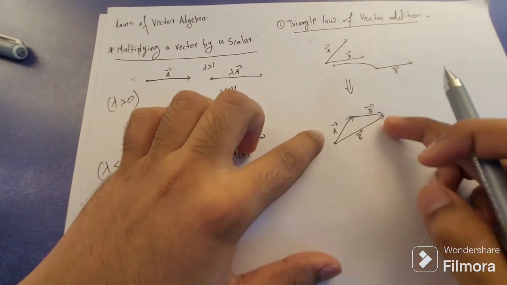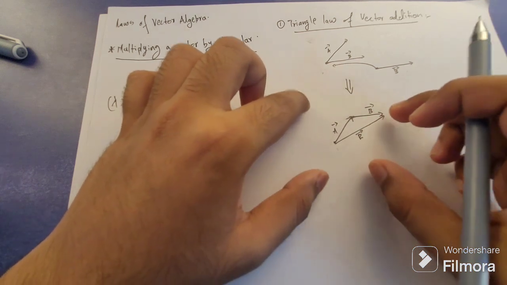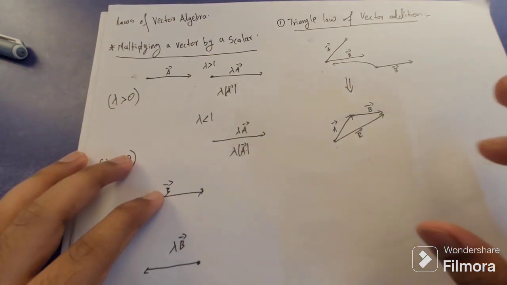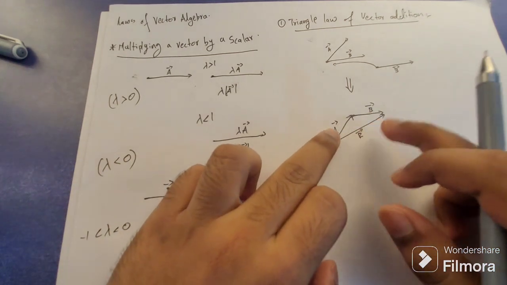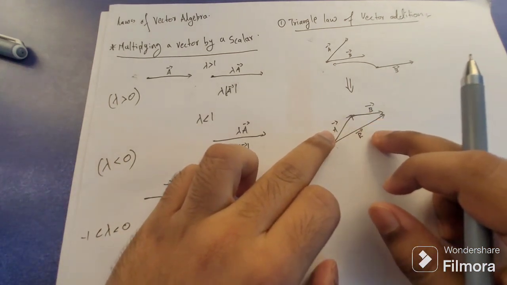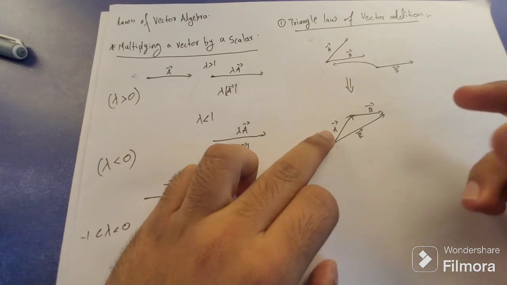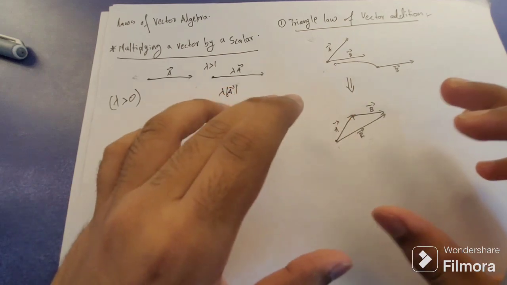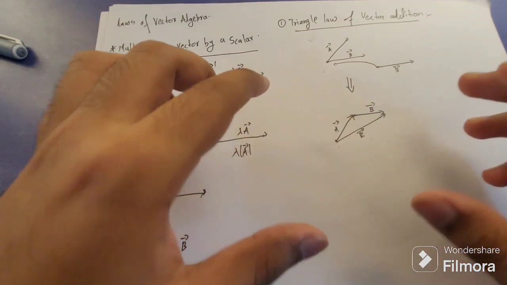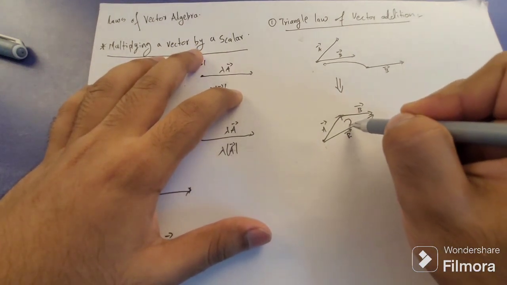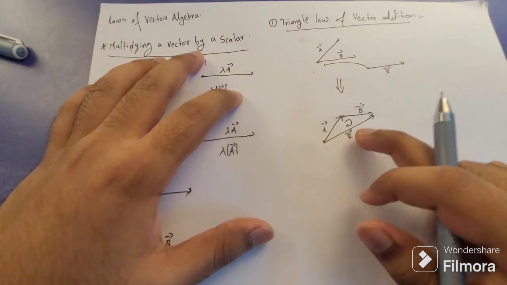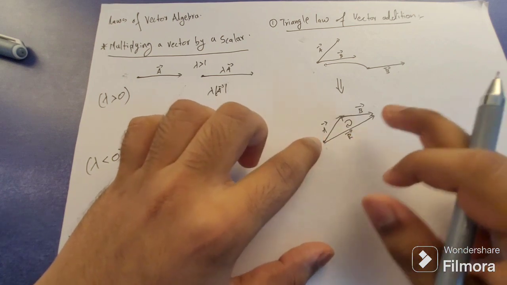Now let us see how we write the mathematical equation of the triangle law of vector addition. Once we have completed the figure, choose any one direction, either clockwise or anti-clockwise. Suppose for the sake of simplicity, I'll choose the clockwise direction. Now start from any one vertex.